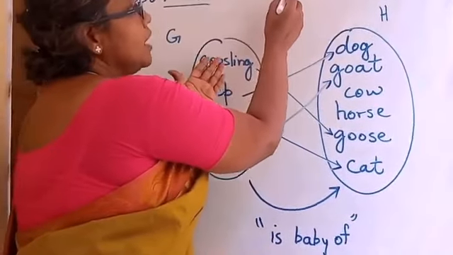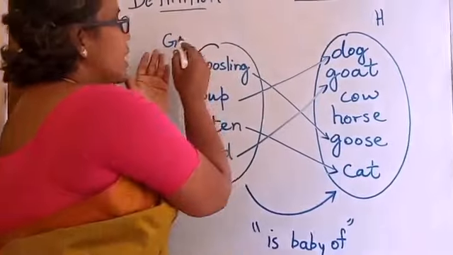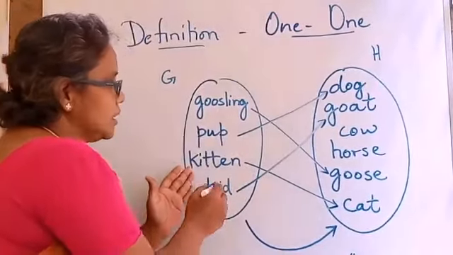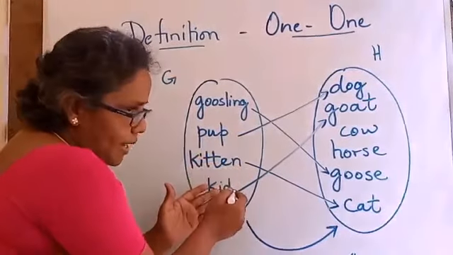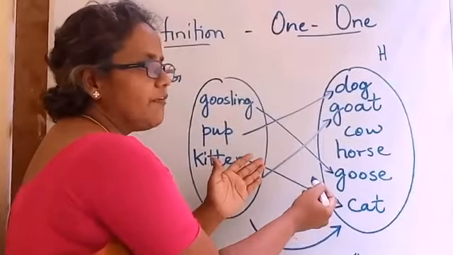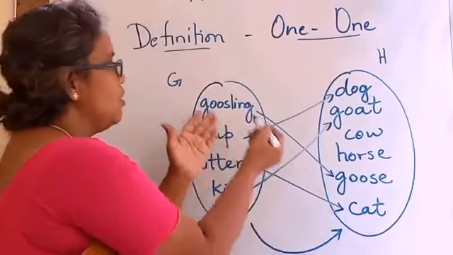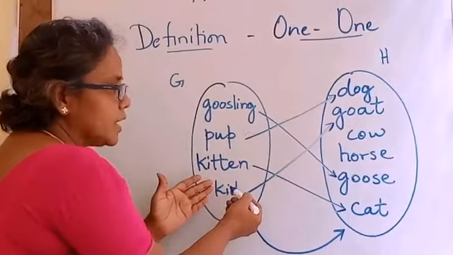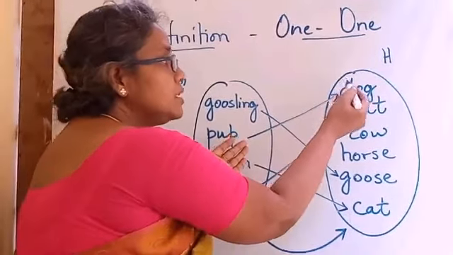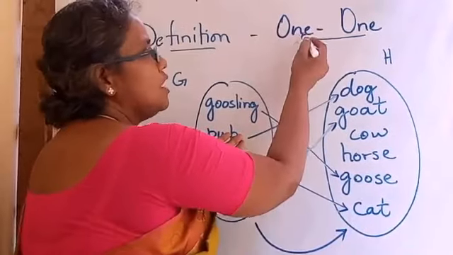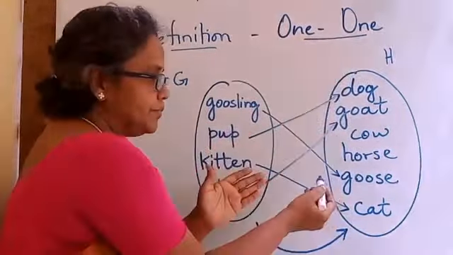So I am defining the one-to-one relation based on the domain. You see that every element in the domain has got an image in the codomain, so it is a function. Still more, every element in the domain is mapped with distinct elements in the codomain, and that is why it is called a one-to-one function.